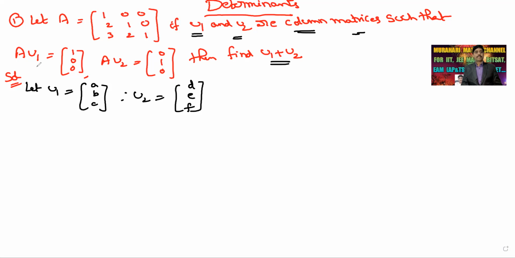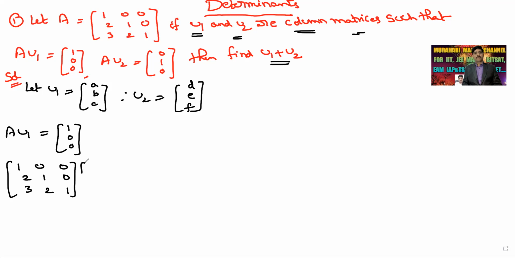So what is given? A U1 is given. A U1 is equal to [1 0 0], where A is 3 by 3 matrix [1 0 0; 2 1 0; 3 2 1] into U1, ABC column matrix, is equal to [1 0 0].